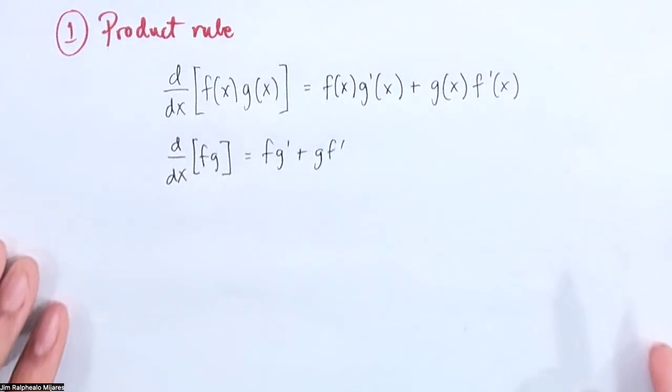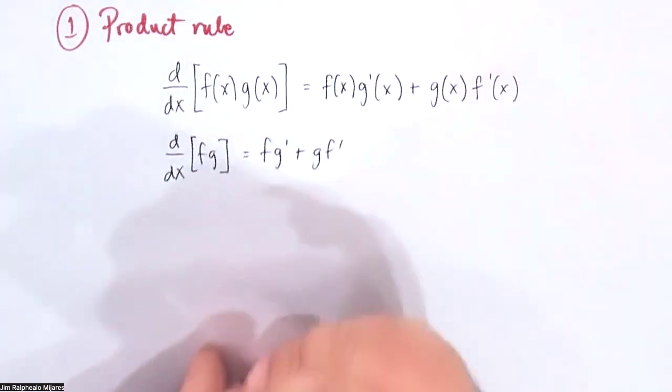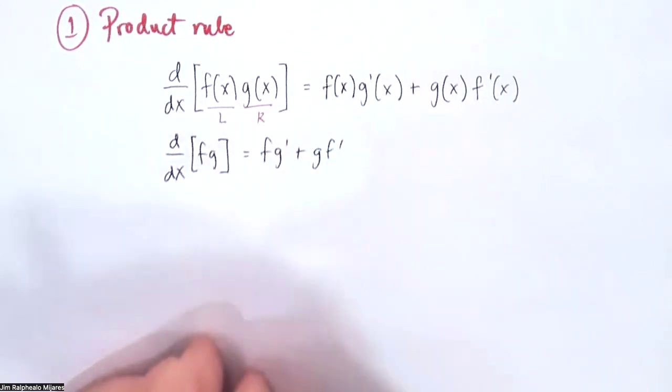Now, you might still have difficulties in remembering that. The mnemonic is, let's call this the left function, let's call this the right function.